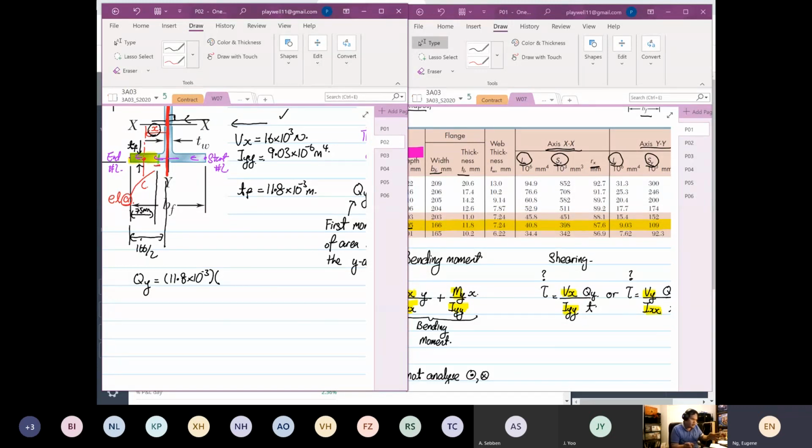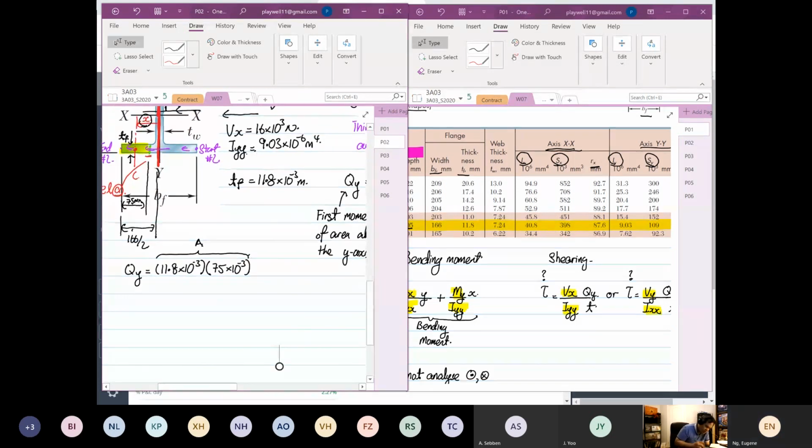Yes, no. The analysis starts from x max, so from x max you draw back. So this is 75 times 10 to the power minus 3. So this constitutes the area, and then x bar, sorry, x.